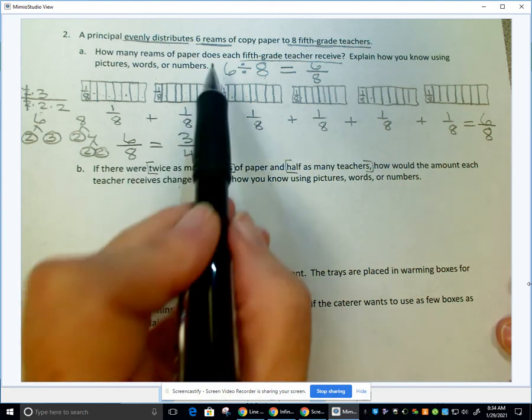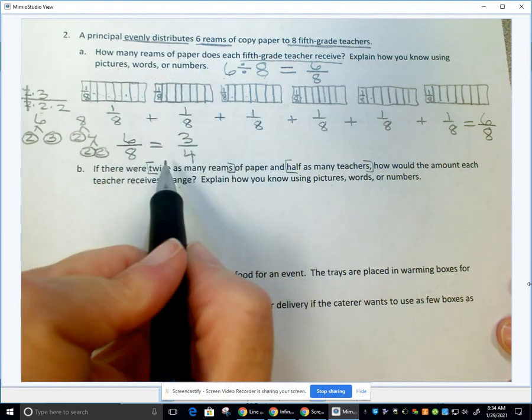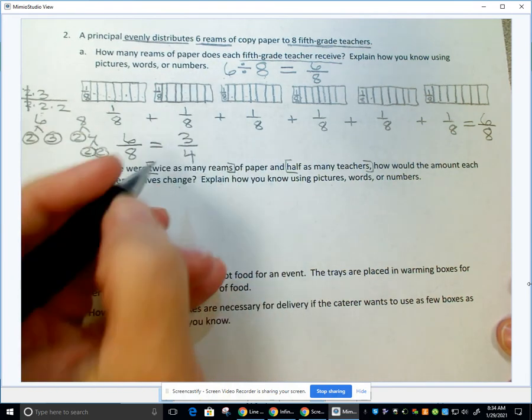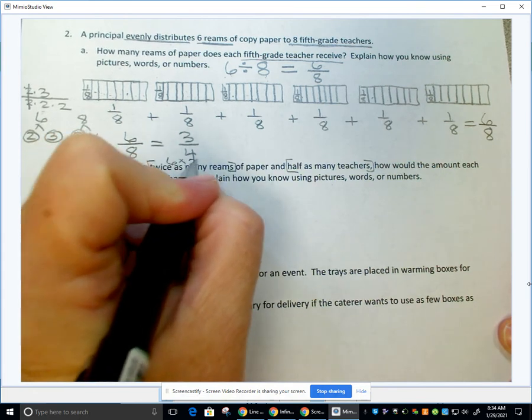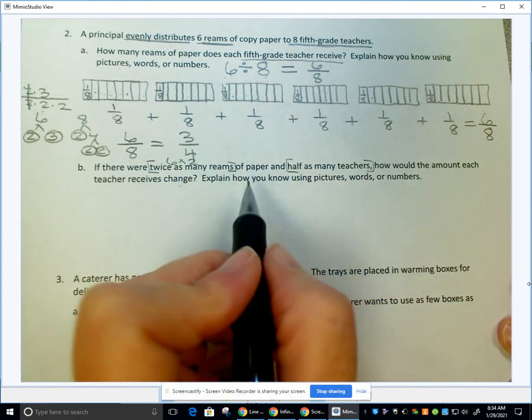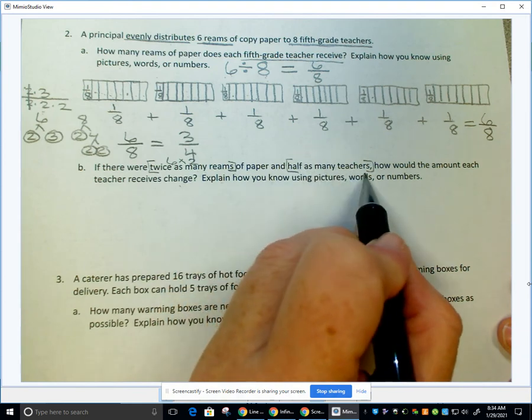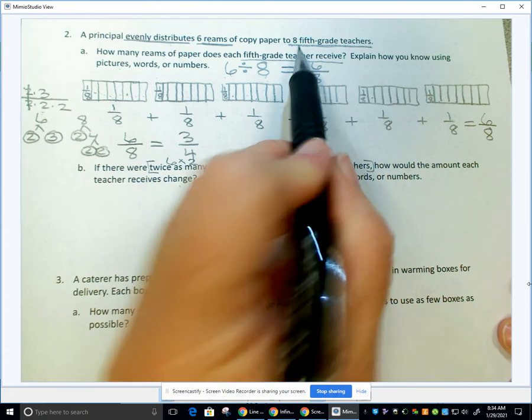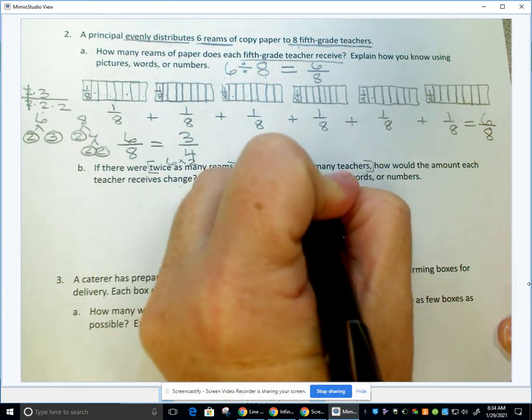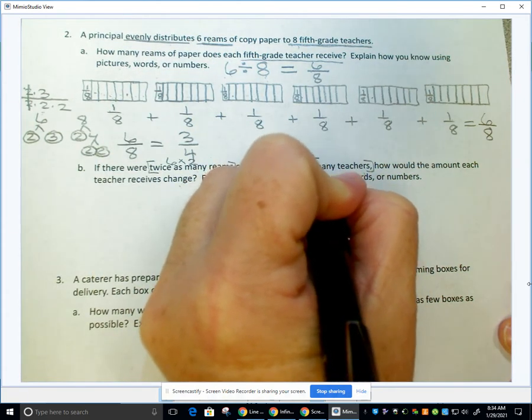Well, if there were 6 reams, if now there's twice as many, now there's going to be 6 times 2, right? And half as many teachers. How many teachers were there before? There were 8 teachers. So if we're going to cut that in half, you'd say 8 divided by 2.